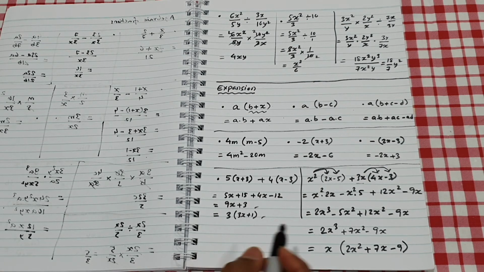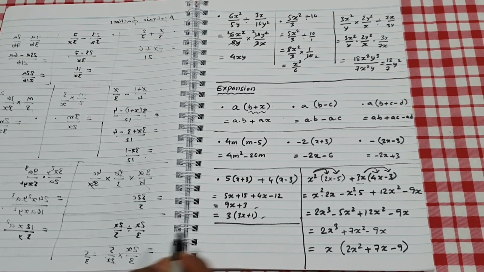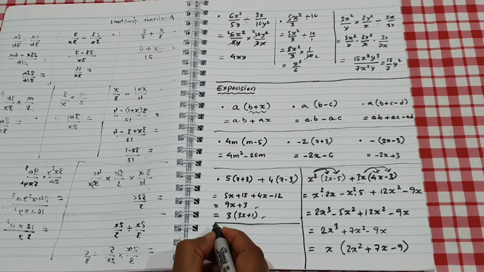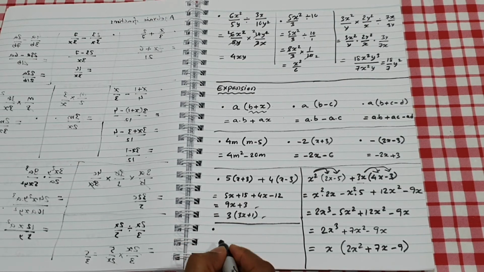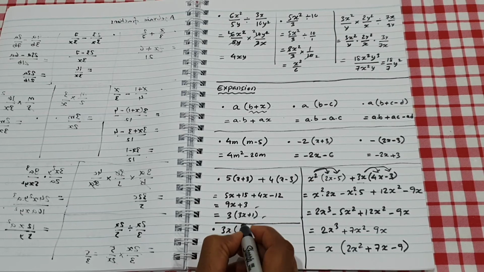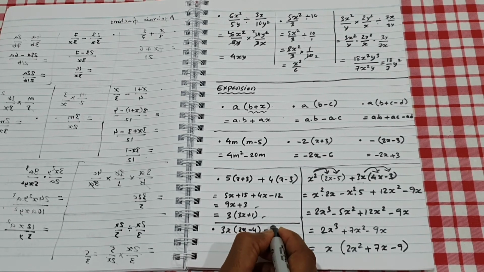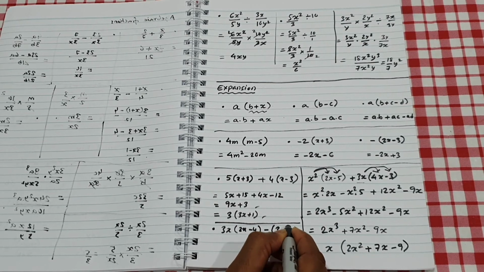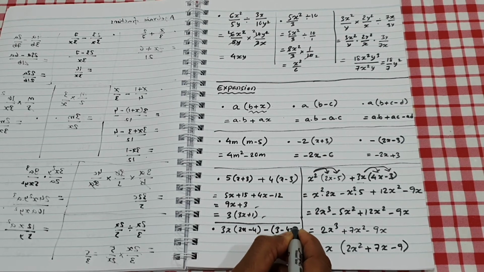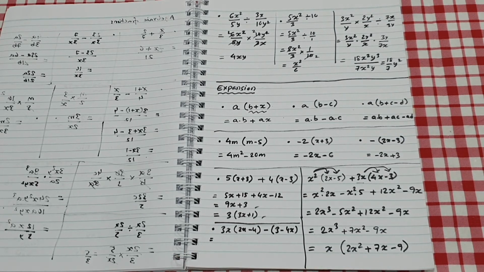We'll do one more example of this type, and then I'll ask you for any questions that you may have. 3x(2x minus 4) minus (3 minus 4x).